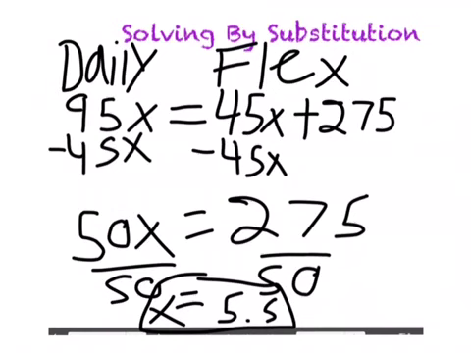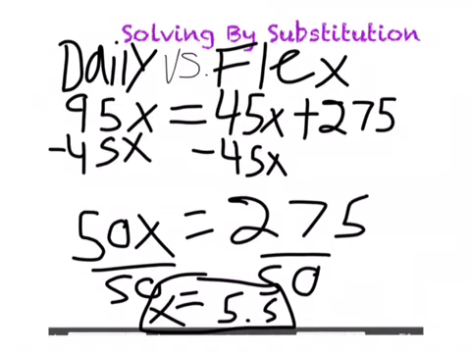So here we are solving by substitution, and we have the daily pass versus the Flex Pass. So the equation that we have is 95x equals 45x plus 275, because the equation was y equals 95x, and then the other equation for Flex was y equals 45x plus 275. But since both have a y, we're just going to take them out, and we're going to do 95x equals 45x plus 275.